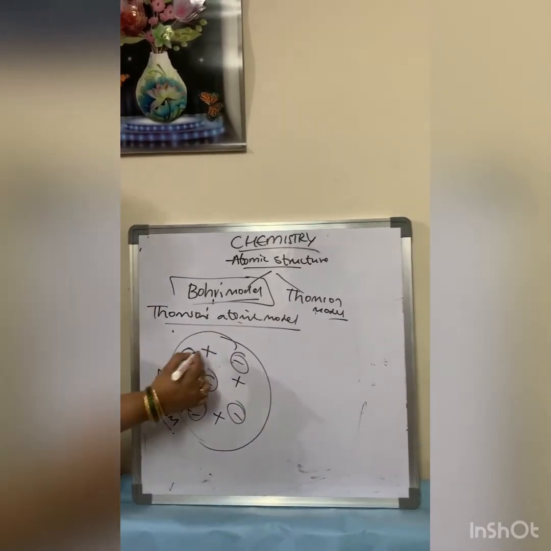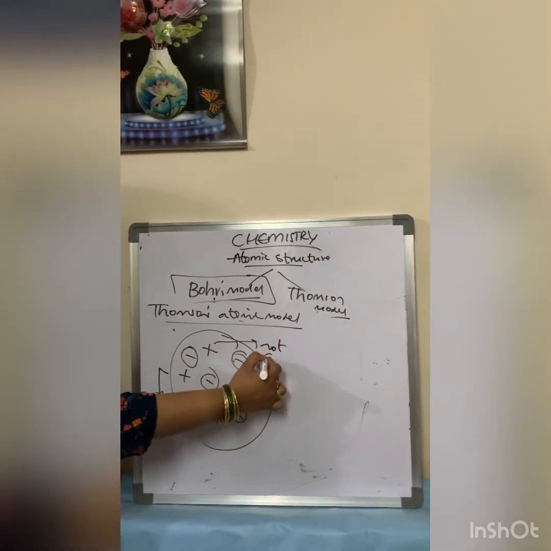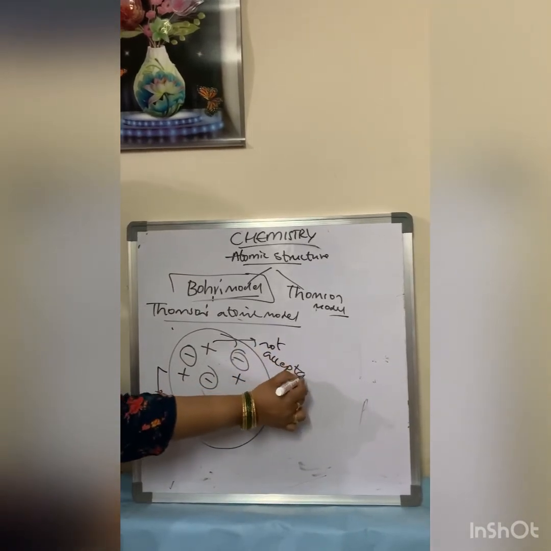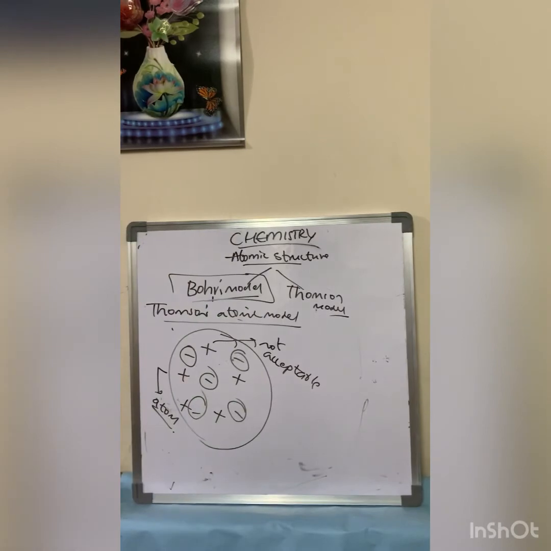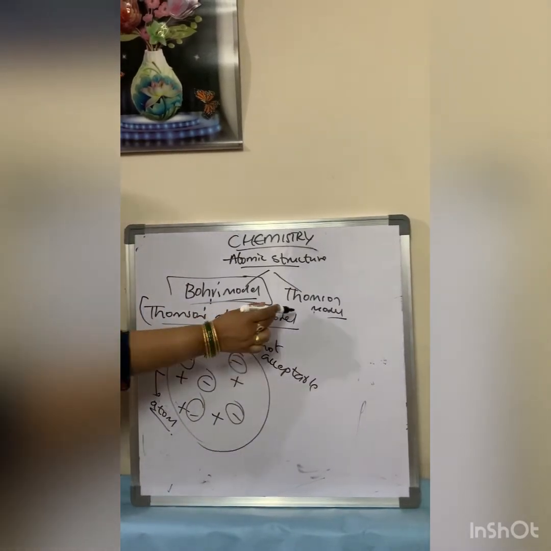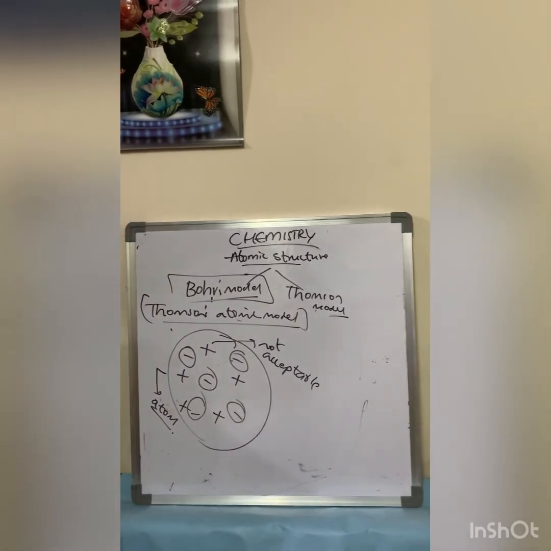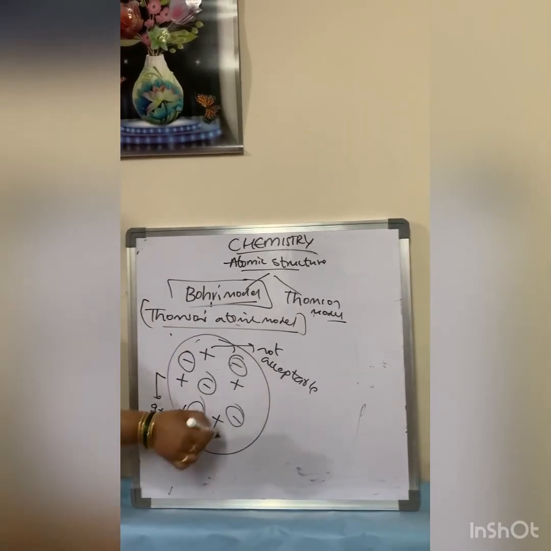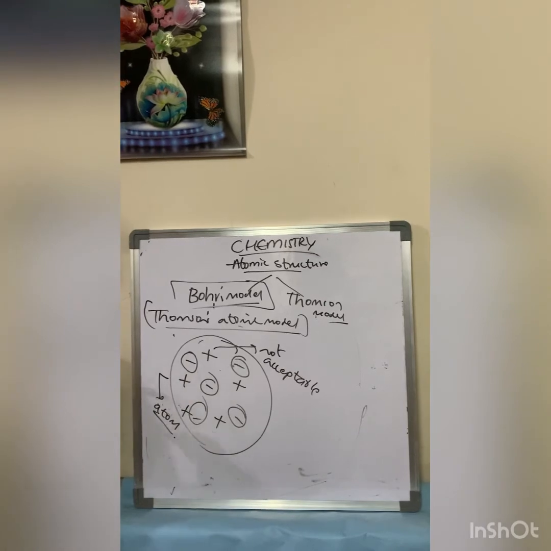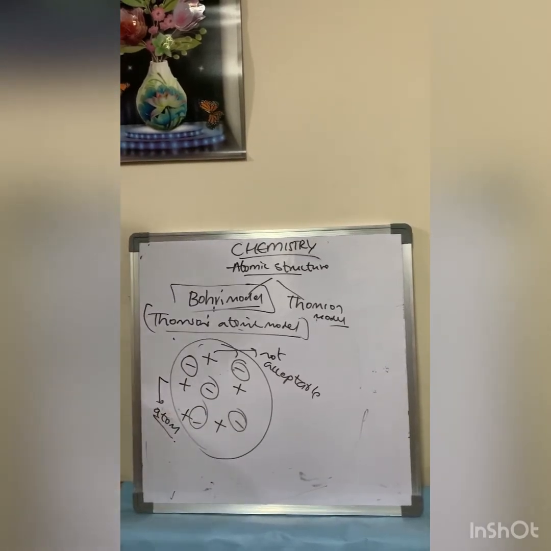This is not at all acceptable, because we know the nucleus is present. He couldn't explain anything about the nucleus. He just told us that inside the atom there are protons and electrons which are moving inside the atom. So this is not acceptable.